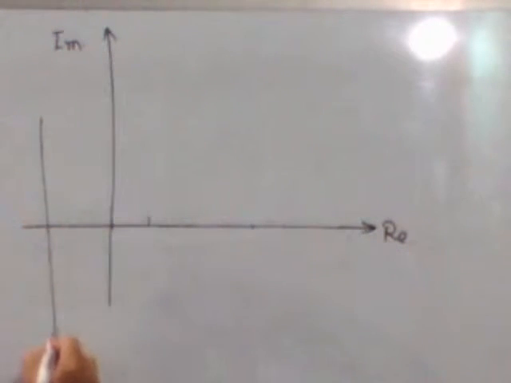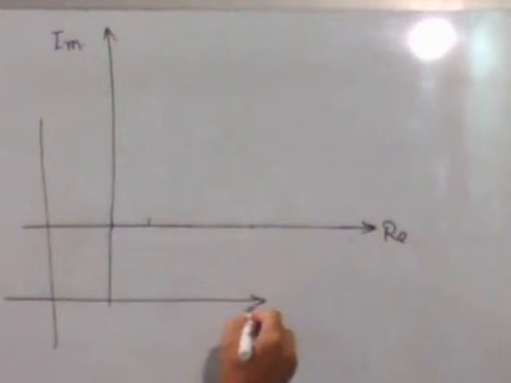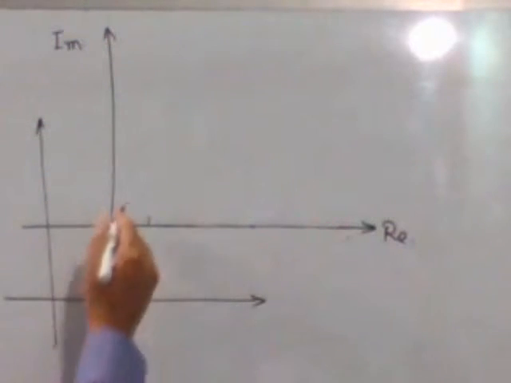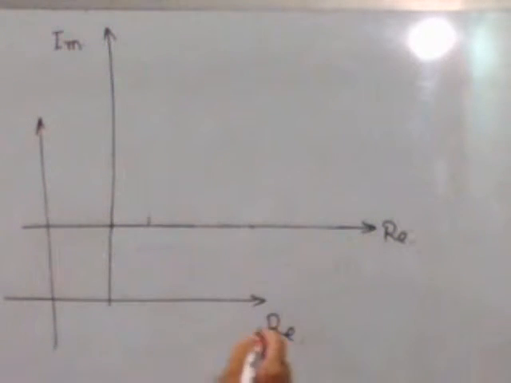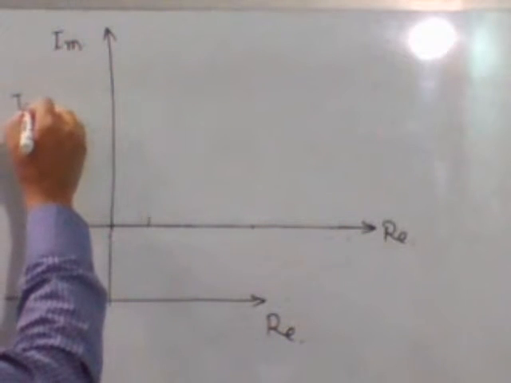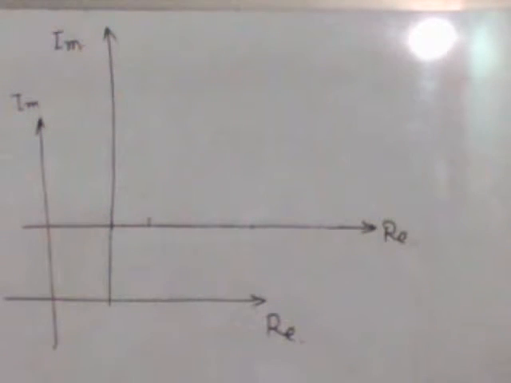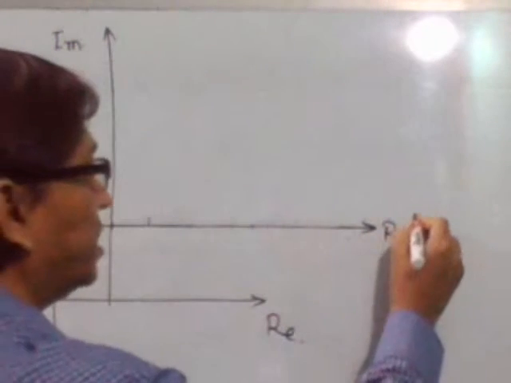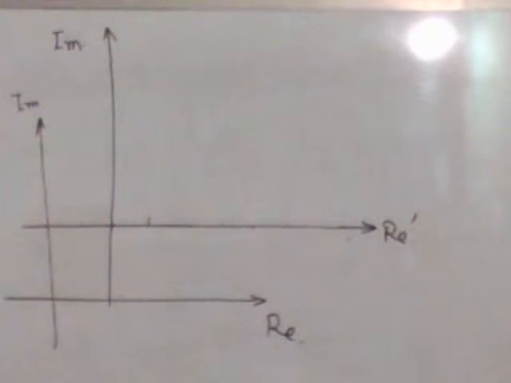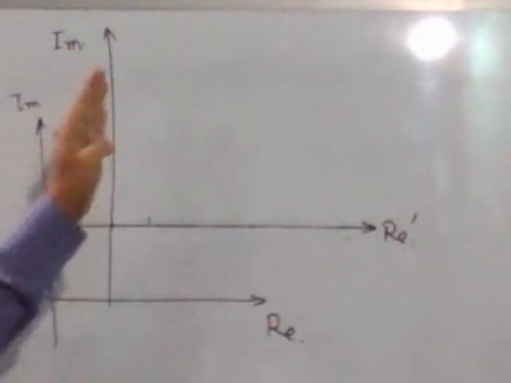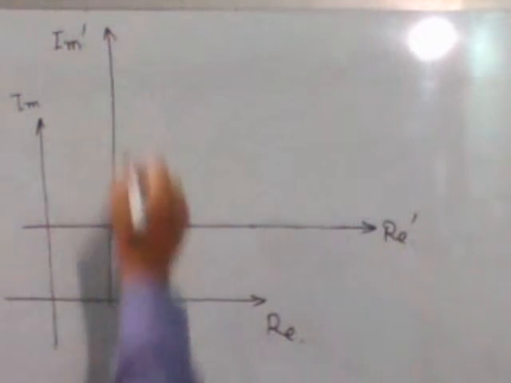The original axis may be here, so no problem. You are just shifting the origin. So this is the original real axis, this is the original imaginary axis. Now I have drawn a real axis parallel to the original real axis. I am writing this real dash, and this is the imaginary axis which is parallel to the imaginary axis. I am writing this imaginary dash.